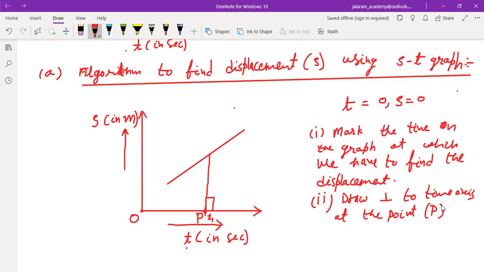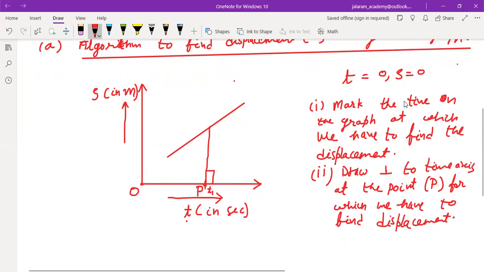We have marked it by P in our example. If we have to find the displacement at t1, we mark it by P, and at P we draw a perpendicular to the time axis, for which we have to find the displacement.